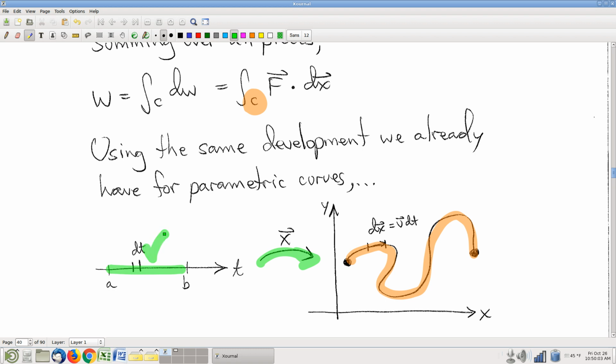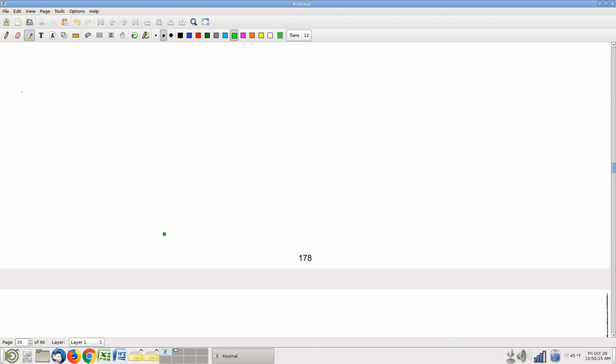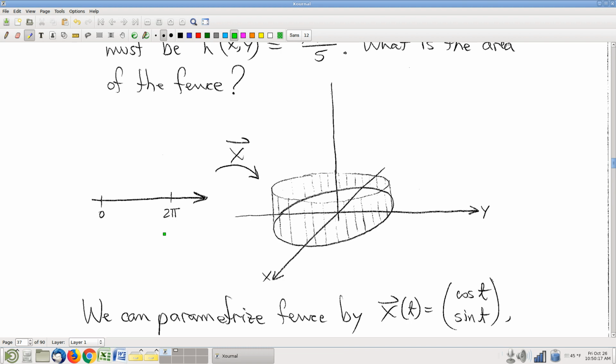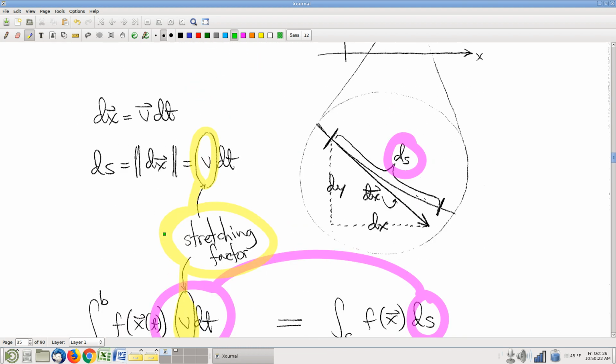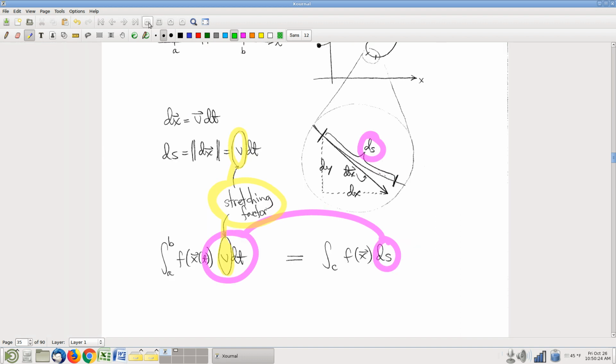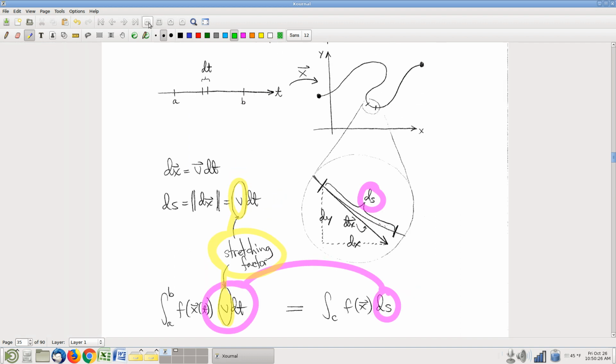Right? And then we do a pullback. In the process of the pullback, of course, you have to know the stretching factor. And wait a minute, I kind of already have all that done, right? Think back to what we did several days ago, but then we recalled at the start of today's lecture, on a little piece of curve.